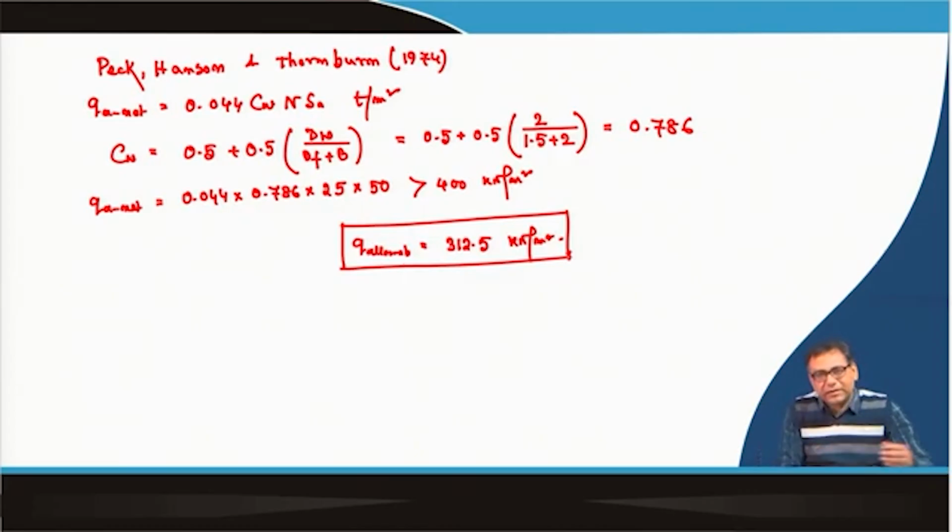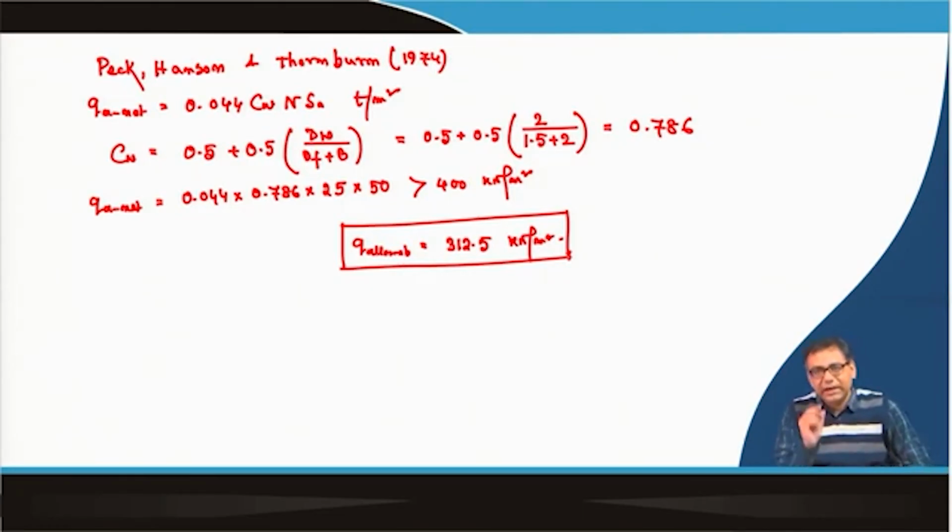So, we have discussed the three methods. One is the bearing consideration, another is the settlement consideration, and another directly gives the Q allowable net. Among these three, the settlement consideration is giving the lowest value. So, that will be the allowable bearing capacity that we will use for our design.